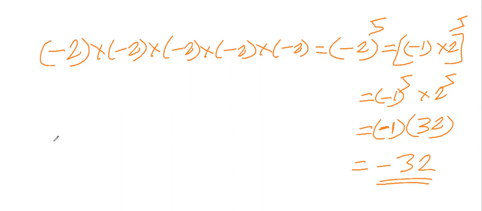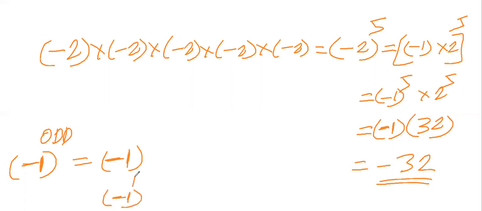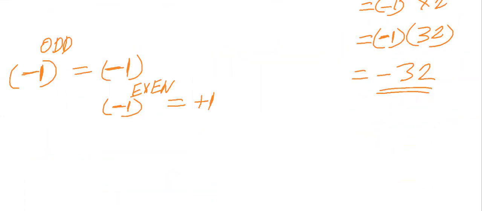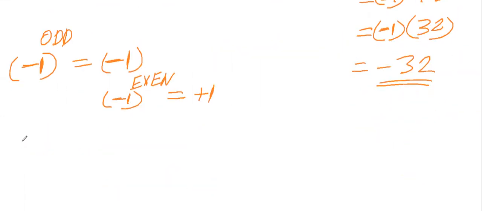So what does that mean? That means if I am getting minus anything to the power of an odd number, in that case, I will get a minus answer. But if I am getting minus 1 to the power of an even number, then I will get plus 1 as the answer. Let's understand this type of question as well.